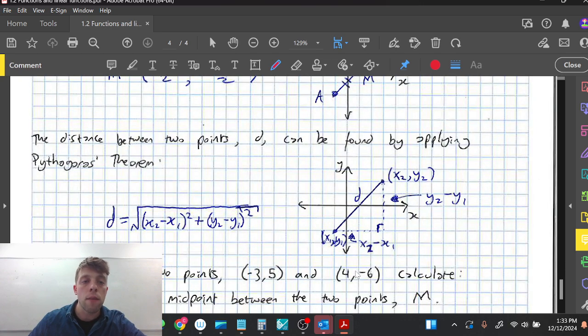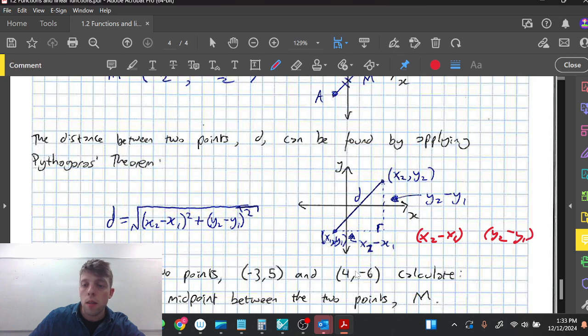And then finally, if we have the distance between 2 points, D, so this is D here, we have x1, y1, x2, y2. The distance between those 2 points, well, we can imagine this as if we construct a right-angled triangle between these 2 points. What we're basically trying to find is the hypotenuse of that right-angled triangle. So like we saw before, the two non-hypotenuse sides are going to be x2 minus x1, that's this side here, and y2 minus y1.